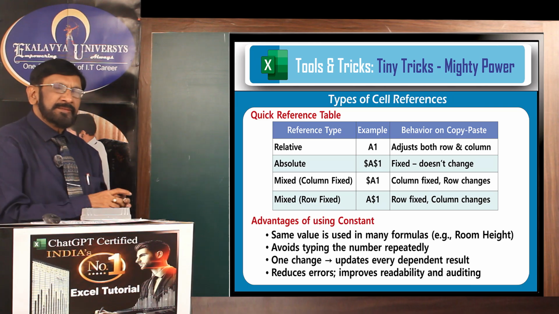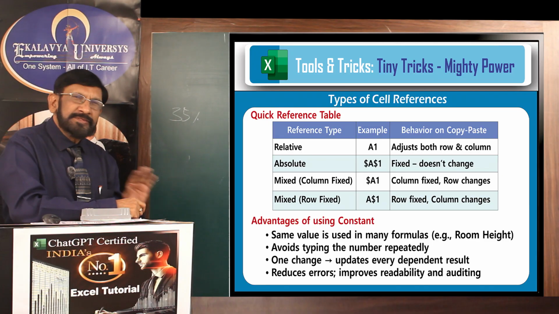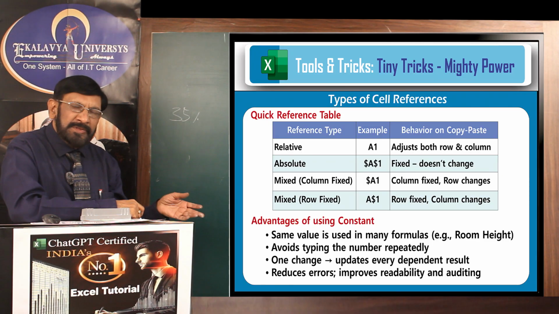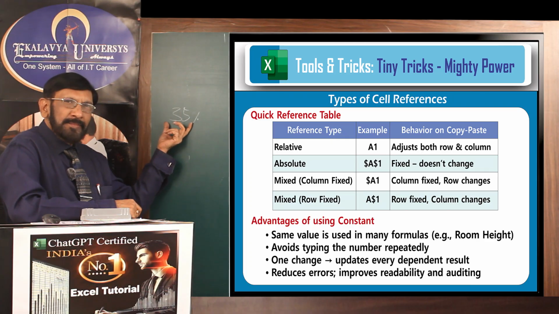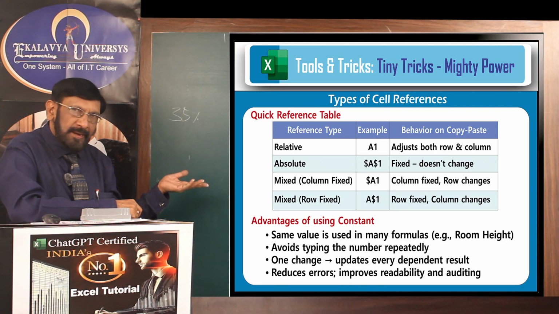Suppose in your college exam, there is a pass mark of 35%. Let us say this is common. Whatever the subject and regardless of the marks you secure, this is common. With this, your marks are compared for every paper and you are declared whether you passed or not.